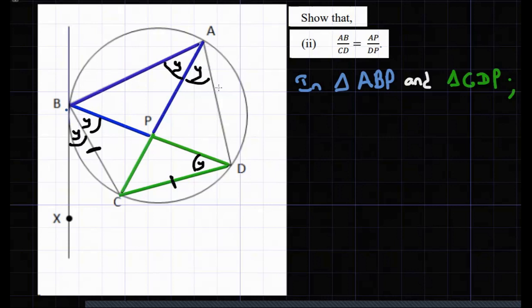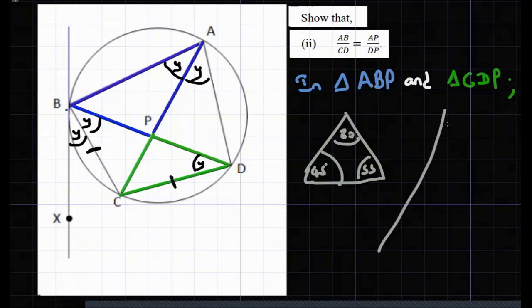So how can we prove that two triangles are similar? One way is if we prove that the blue triangle and green triangle are a pair of equiangular triangles. What are equiangular triangles? Triangles with the same set of angles. Now for an example, let's say there's a triangle like this. Let's say the angles are 45, 55, and 80.